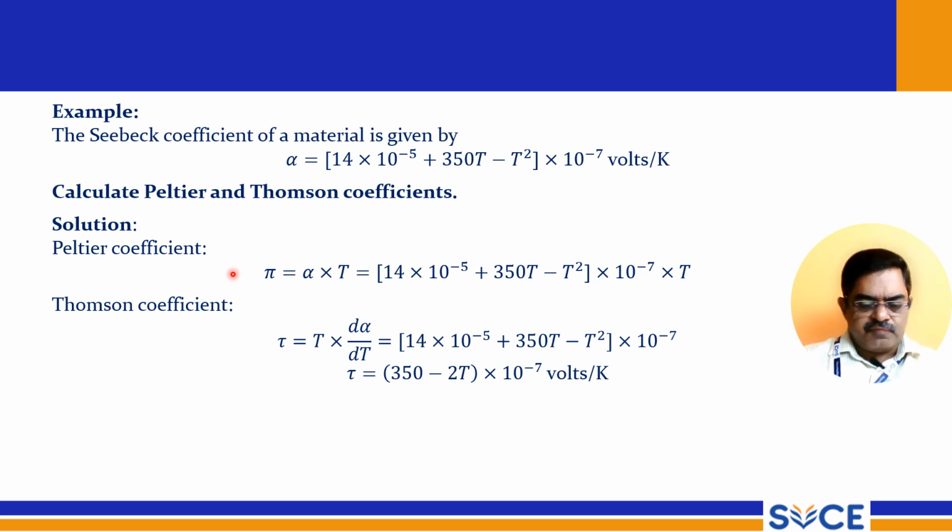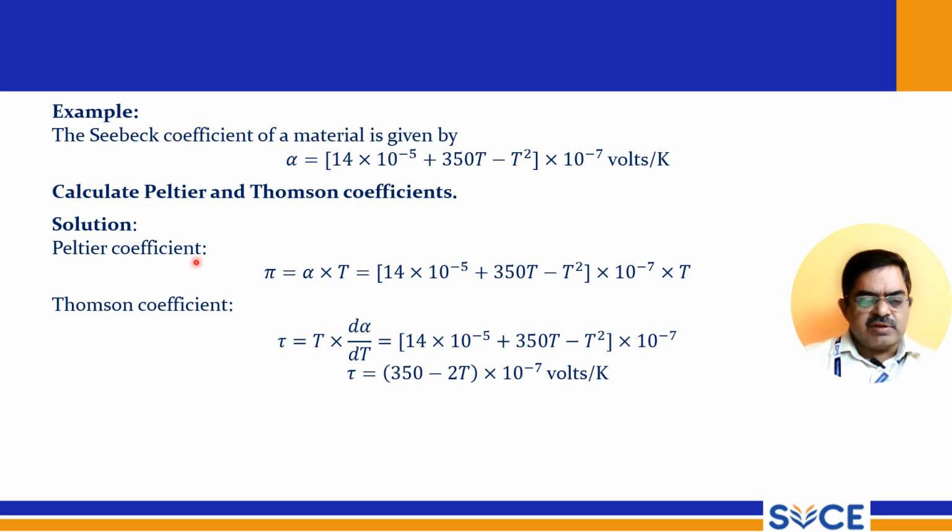We will see a few numerical problems here. The Seebeck coefficient of a material is given by alpha, equal to 14 into 10 to the power of minus 5 plus 350 T minus T square into 10 to the power of minus 7 volts per Kelvin. The Seebeck coefficient is given in this relation, and we calculate the Peltier and Thomson coefficients.